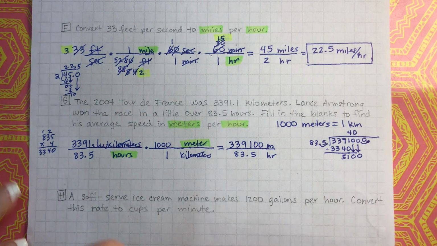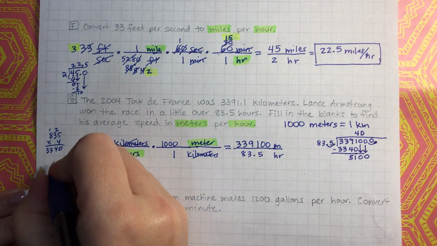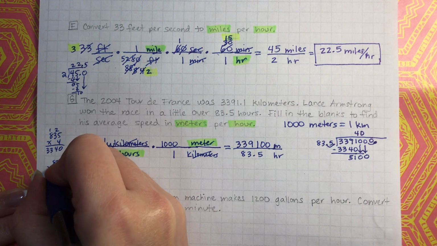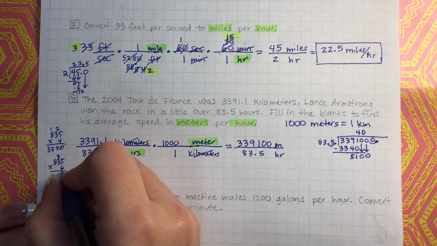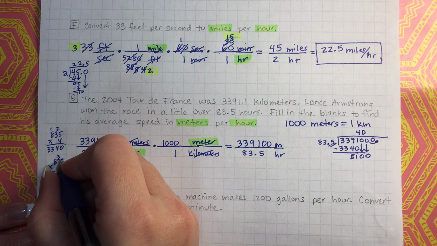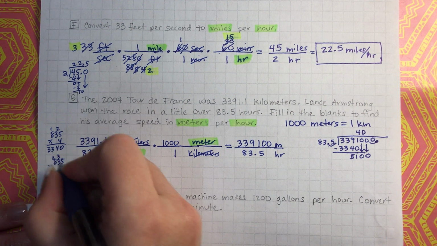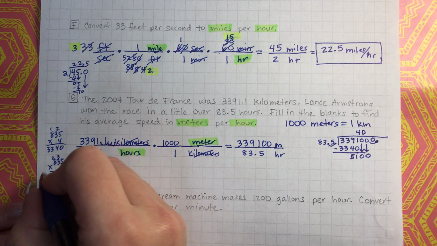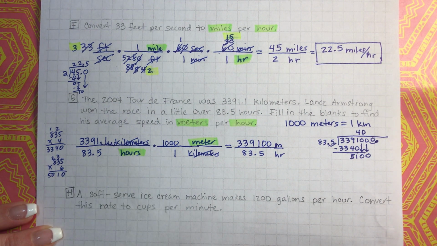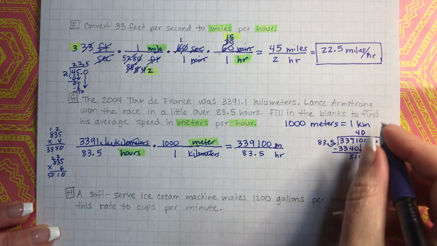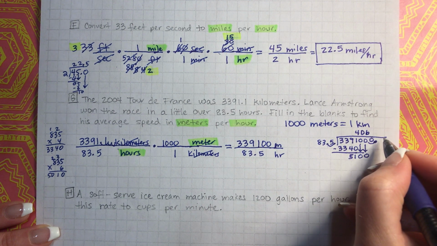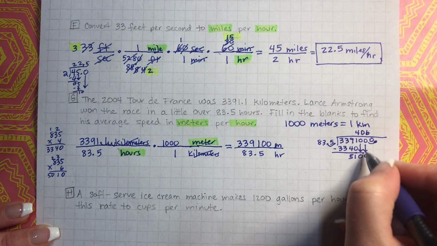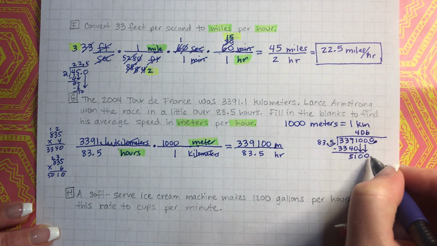So let's figure out what 835 times 6 is. That would be 6 times 5 is 30. 6 times 3 is 18 plus 3 would be 21, write the 1, carry the 2. 6 times 8 is 48, plus 2 would be 50. And I think that works. So it goes in 6 times, above that 0.